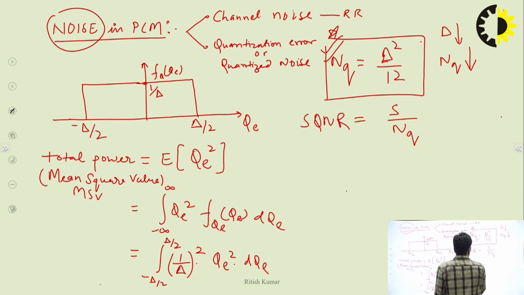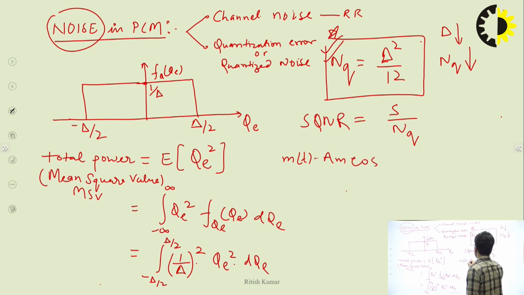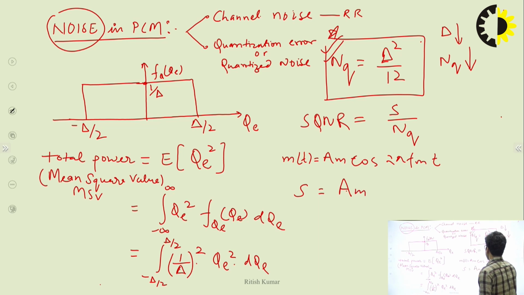So here I am considering the signal m(t) equal to Am cos 2 pi fm t. The power of this signal is, as we know, S equal to Am square by 2, right?